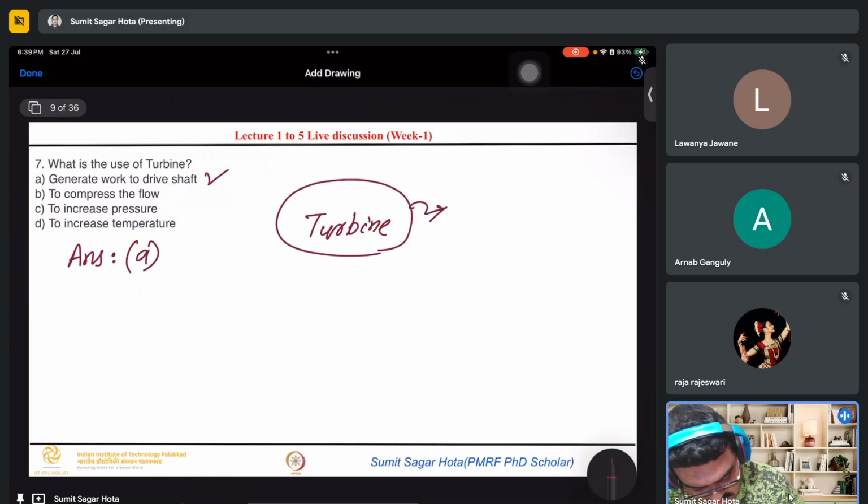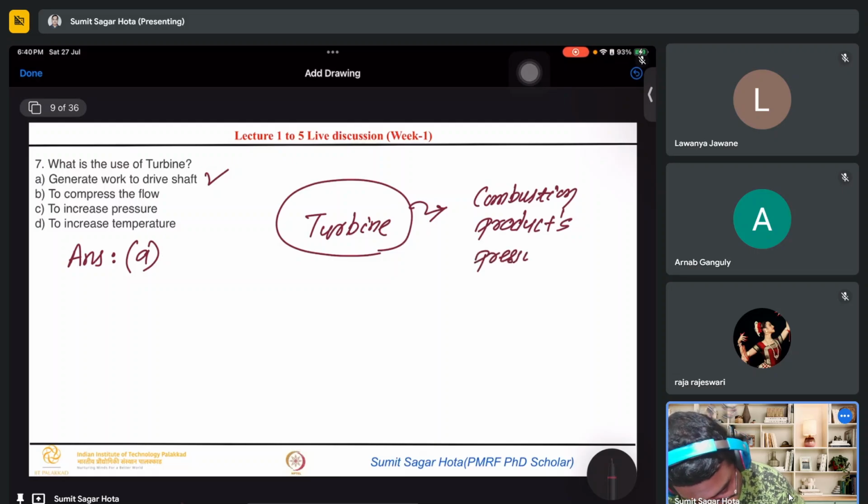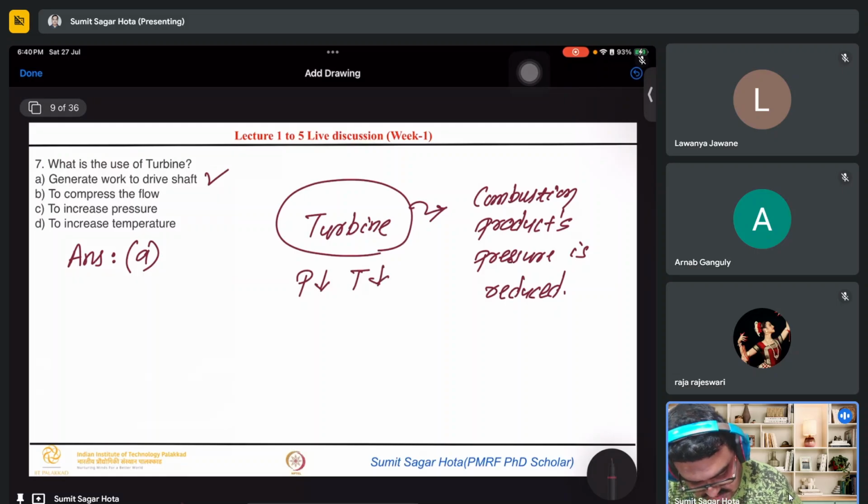The combustion products pressure is reduced. The pressure will reduce. That means the temperature will obviously go what? Reduce. If the temperature reduces and the pressure also reduces, the velocity is obviously going to rise.